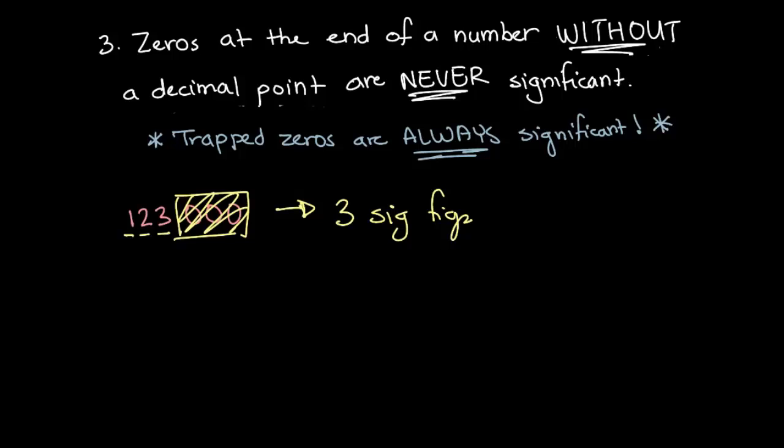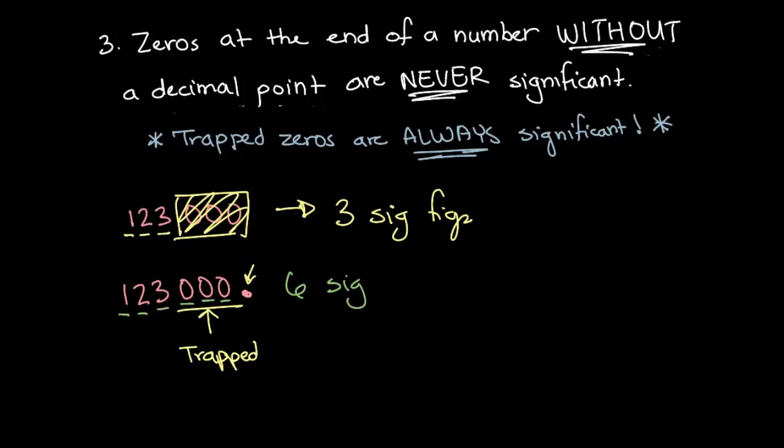However, if we take that same number, 1, 2, 3, and then put 0, 0, 0 and a decimal point, now these zeros become trapped by this decimal point. Because they become trapped, now we have 1, 2, 3, 4, 5, and 6 significant figures for this one.